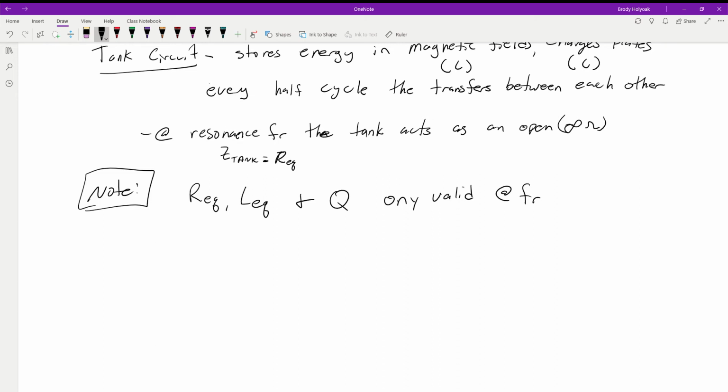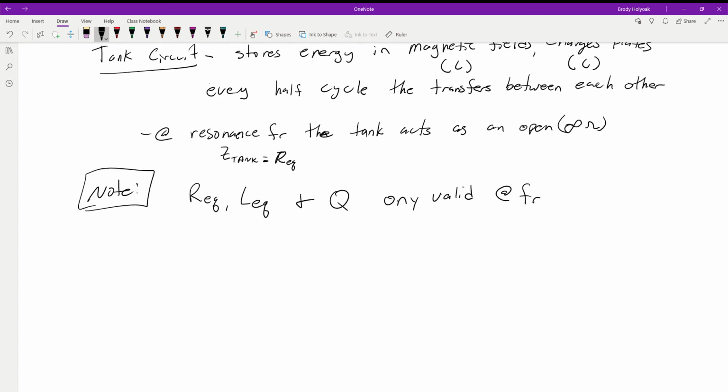So when we start changing the frequency around from our resonant frequency, we no longer can calculate the Q point. Like I said, it gets into the more calculus-based, very complicated, drawn-out numbers that take quite a while to calculate. And it's not very accurate at that point, because our slope is constantly changing depending on where these values are changing. And so we basically only count Q at our resonant point.